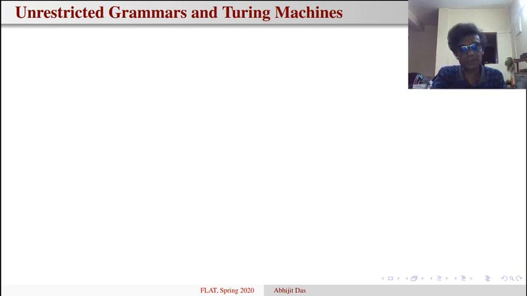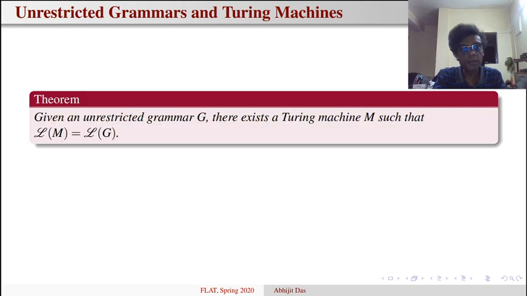Now, what is the relation between unrestricted grammars and Turing machines? First theorem: given any unrestricted grammar G, there exists a Turing machine M such that the language of that machine is the same as the language generated by the grammar.